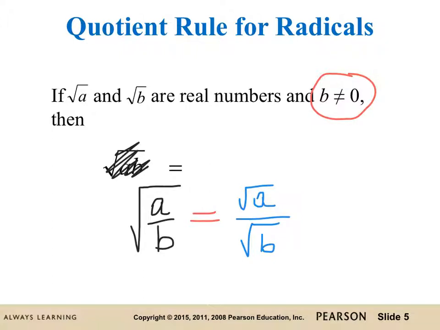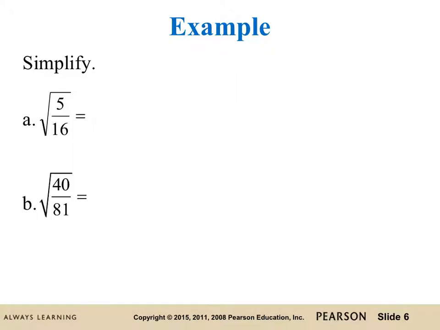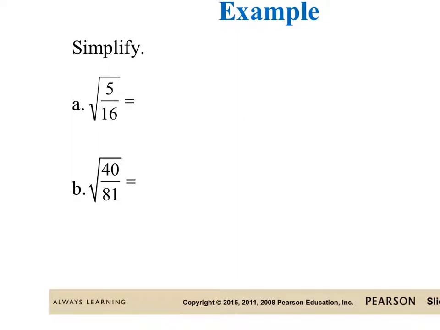So we're going to do an example one. Our first example here says to simplify the square root of 5 over 16. So our first step will be to break the radical apart and put it over the 5 and put it over the 16.